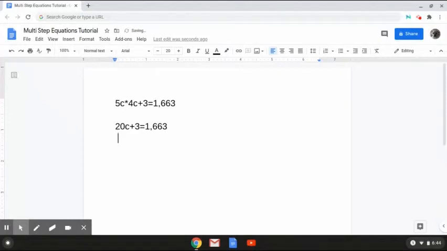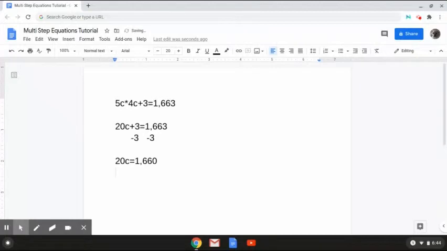Then from here, we are going to subtract 3 from both sides, because subtraction undoes addition. These two 3's right here will cross out. Then now we're left with 20c equals 1,660.